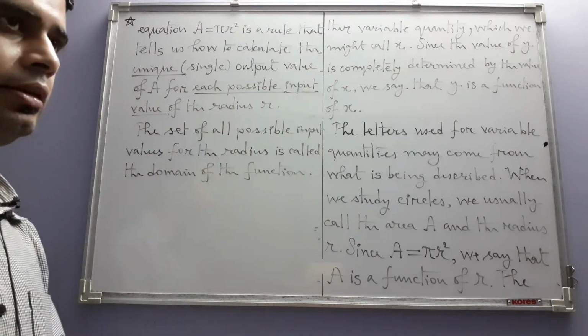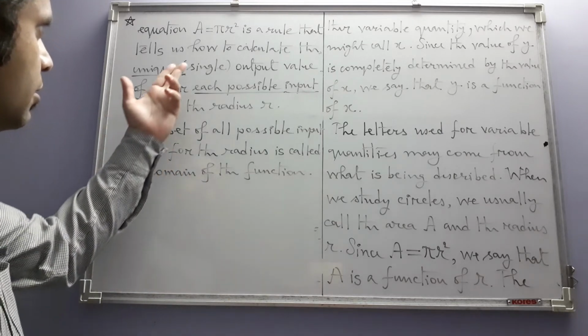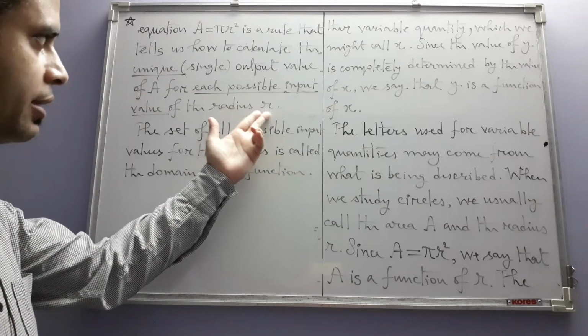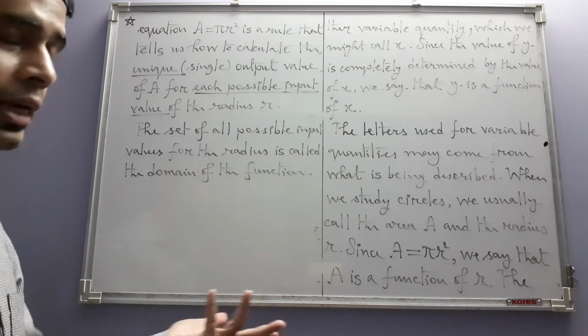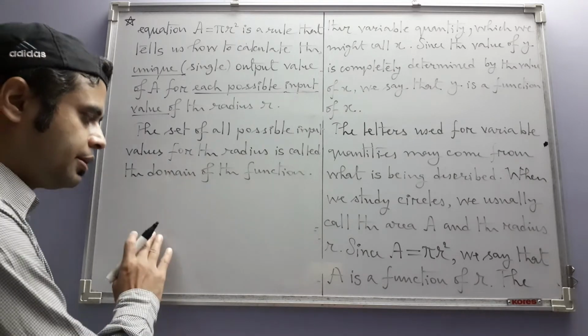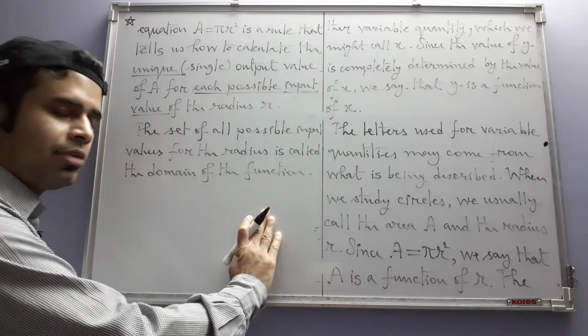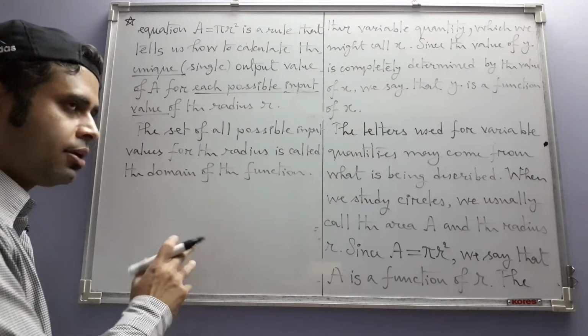Is there any impossible input value? Of course there is, because for us the independent variable or the input r is the radius of a circle. So it can take positive real values, it can also be 0, but it cannot be negative.